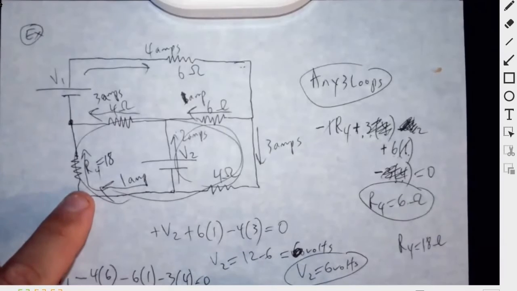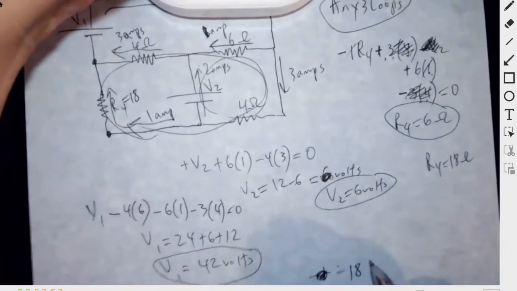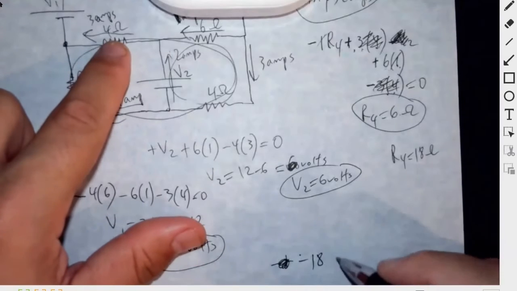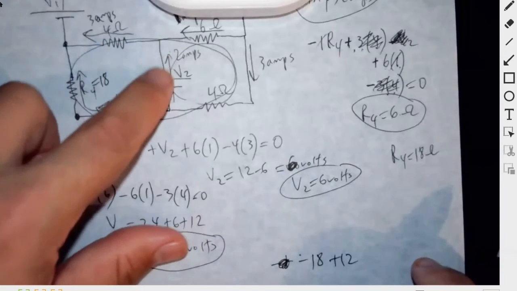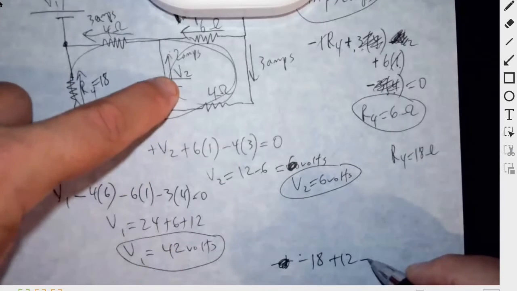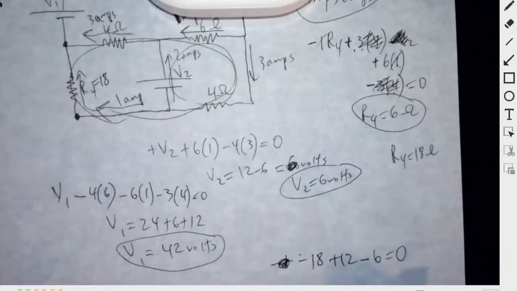You should lose 18 volts here. Okay, so lose 18 volts. Then you gain 12 volts. Then you come down and lose whatever V2 is. And V2 we found out is 6. That should be 0. Negative 18 plus 12.